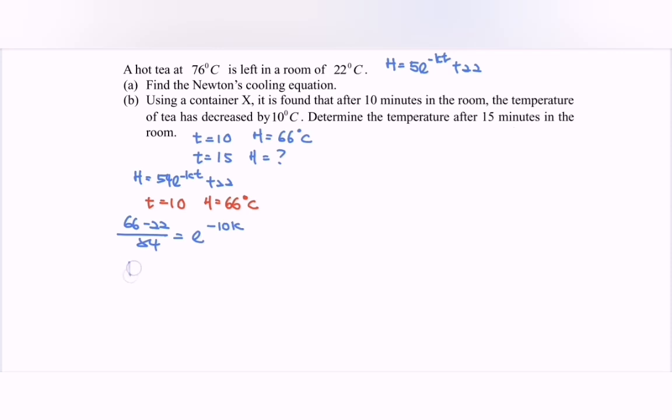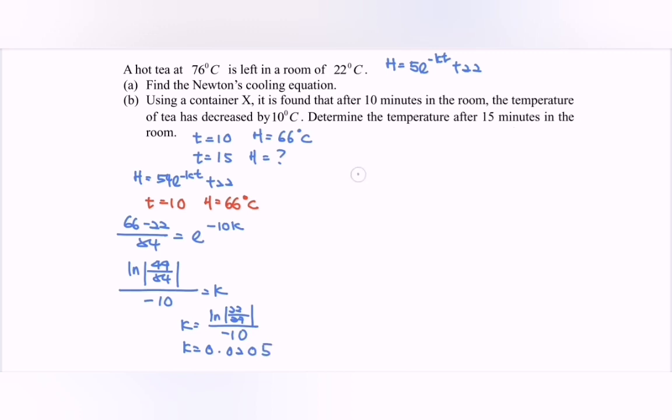So here we have k equals ln(44 over 54) divided by negative 10, so ln(22 over 27) over negative 10, or we can say k is equal to 0.0205. Next is to find the temperature after 15 minutes.